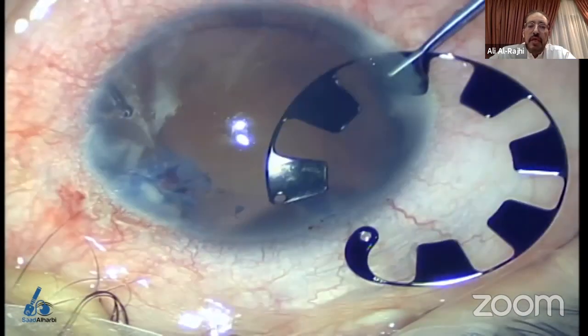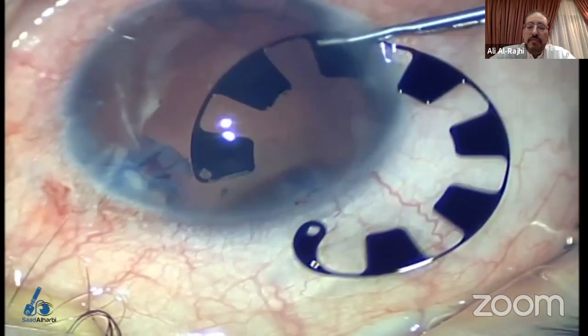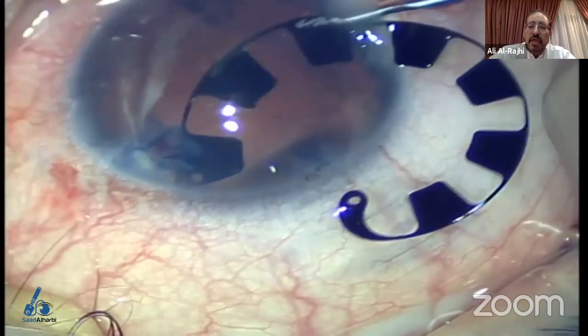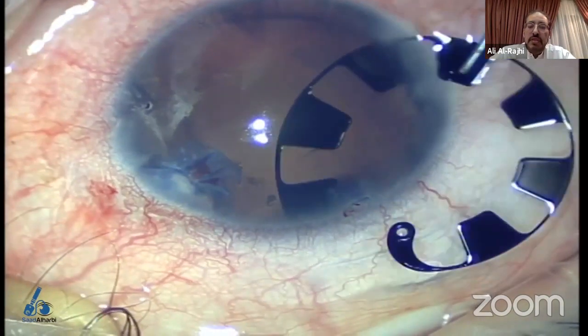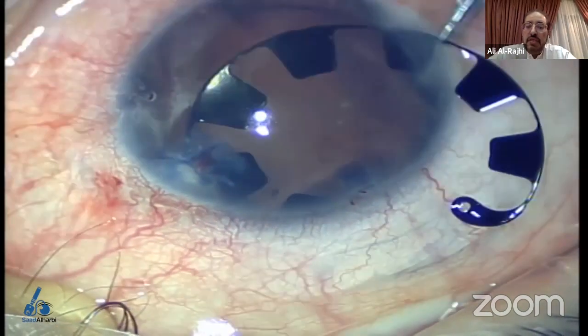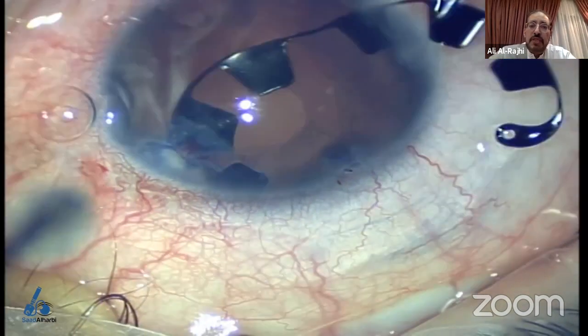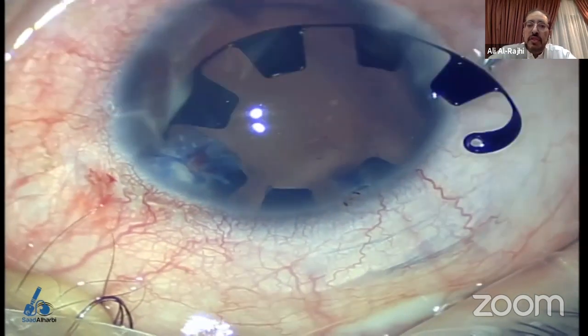There are two types of iris prosthesis, like Dr. Smith's company. One is with a mesh that you can suture to the iris. Another one you can just place if you have total aniridia, and this can be folded.